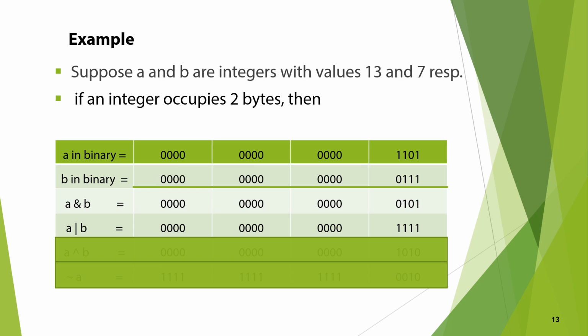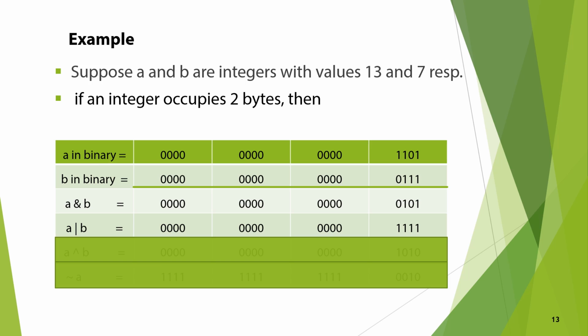In the first row it is A and in the second row it is B. So the operators AND and OR are used here, A and B. Now from the truth table you know that 1 and 1 gives 1, then 0 1 gives 0, 1 1 gives 1, 1 0 gives 0, and the remaining bits to the left side are zeros as they are.